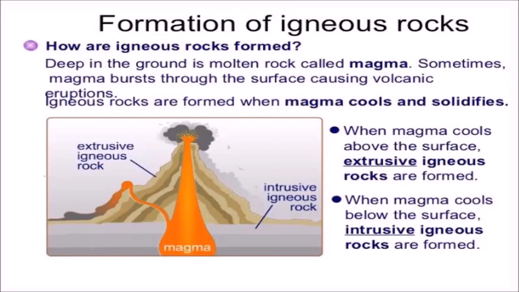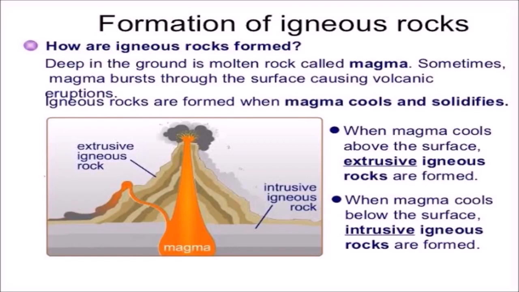Now we are going to learn about formation of igneous rocks. How are igneous rocks formed? Deep in the ground is molten rock called magma. Sometimes magma bursts through the surface, causing volcanic eruptions.